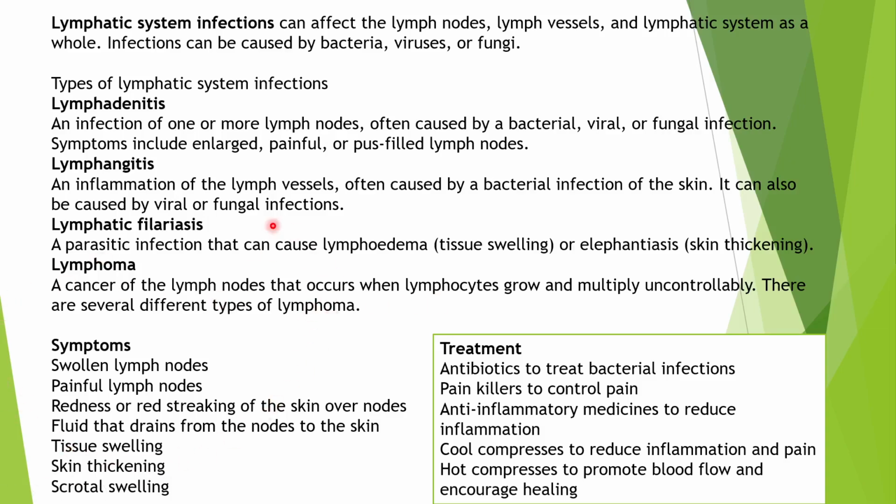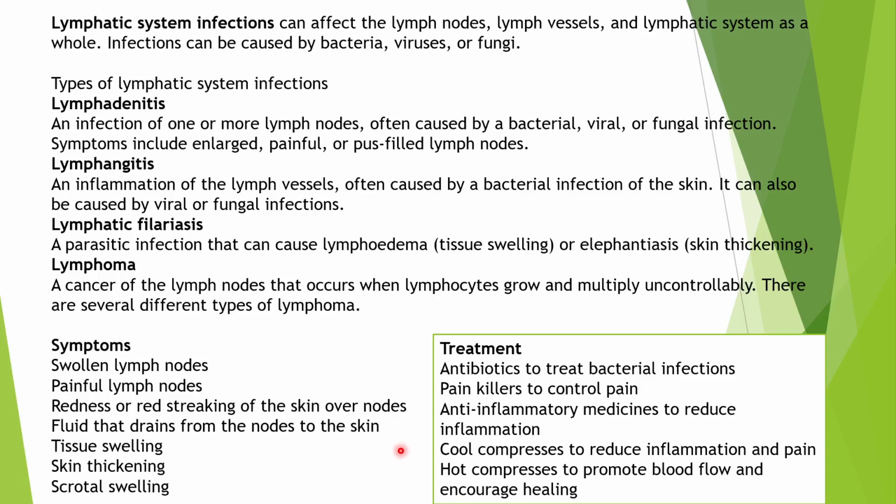So your basic symptoms of any kind of infection or disease of your lymphatic system are swollen lymph nodes, painful lymph nodes, redness or red streaking of your skin over your lymph nodes, then fluid that drains from the nodes into the skin.